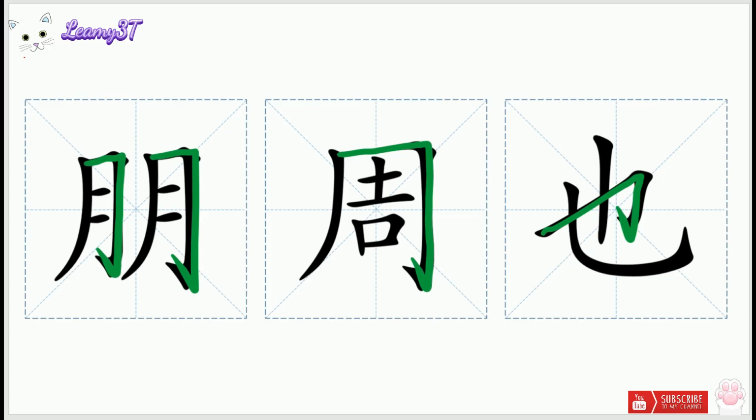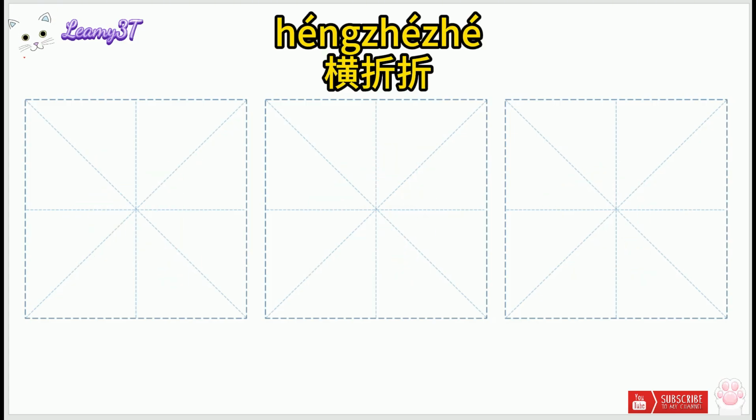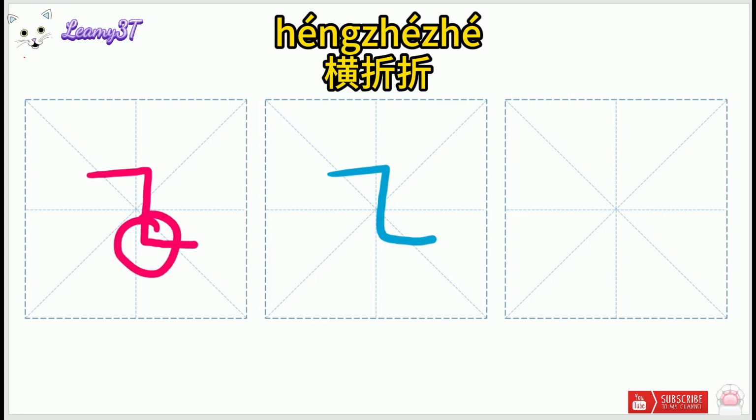The third stroke is héngzhézhé. This stroke looks similar to héngzhéwān. The difference is that in héngzhézhé, the corner is sharp, while in héngzhéwān, the bottom left corner is smooth.